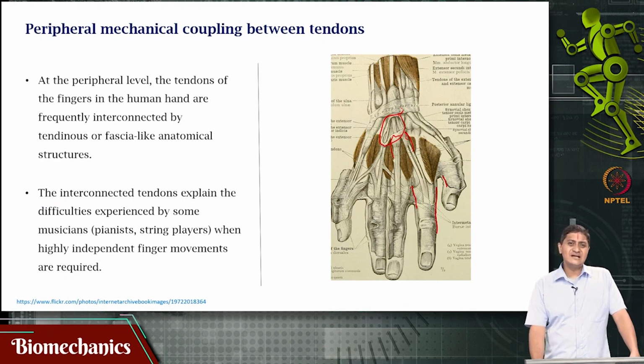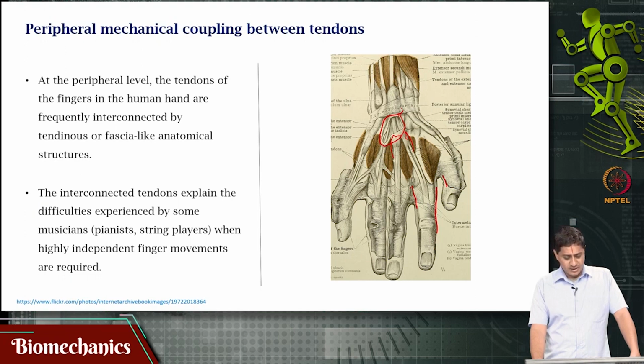So, this is an aspect of morphology or structure or geometry itself. Morphology itself is causing this limitation. But then coming back to the older question, how then are the expert pianists performing these independent movements?